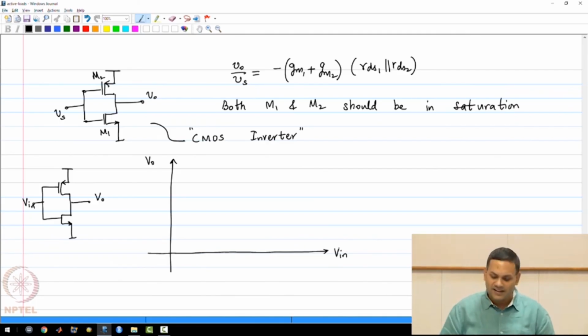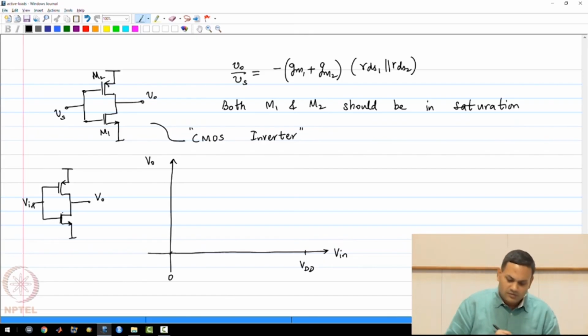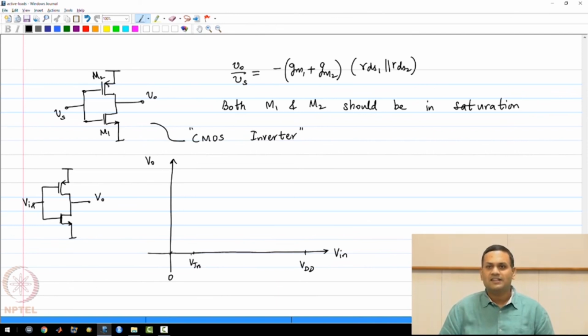Vin is normally varied between 0 and VDD. If you quickly look at the circuit, when Vin is very small, below the threshold voltage of the NMOS transistor, the NMOS transistor is completely cut off and it cannot conduct any current, and therefore the PMOS transistor also has to be non-conductive.